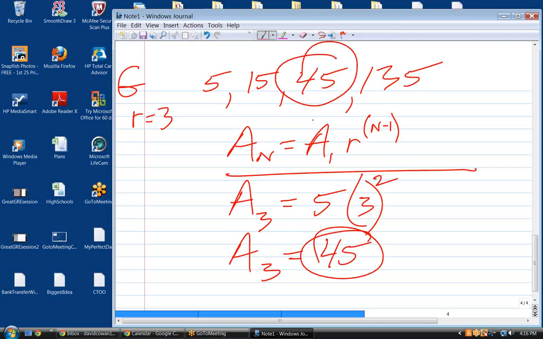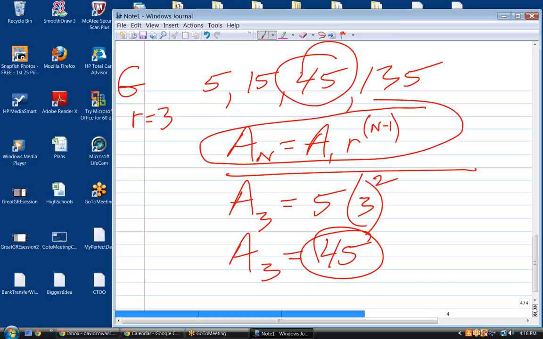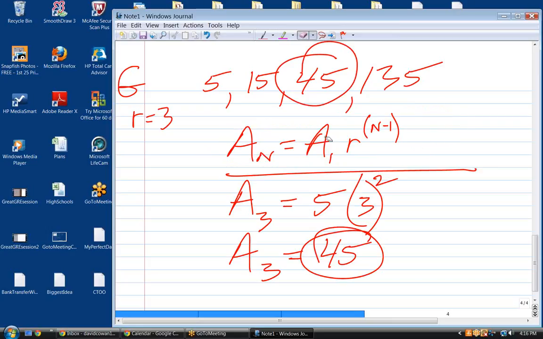So by this definition right there, you can figure out whatever term you want. You could figure out the 149th term if you wanted. Now, that's the general.